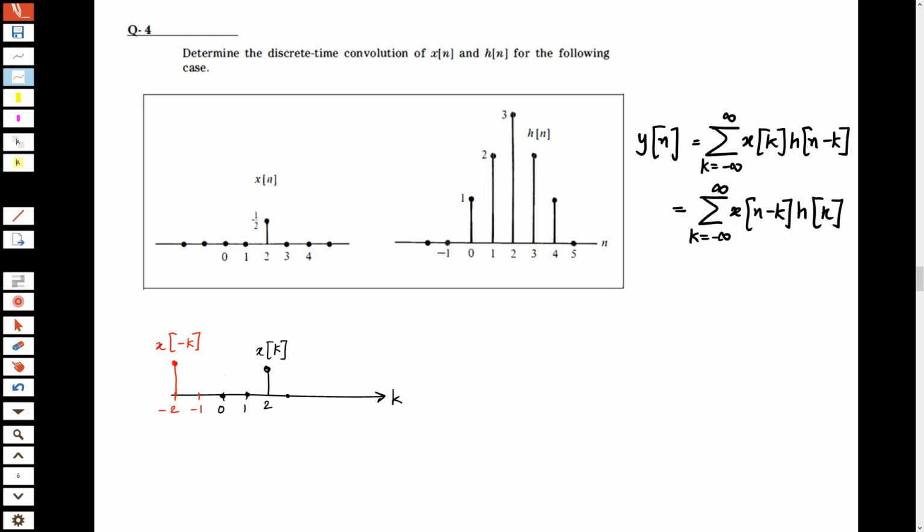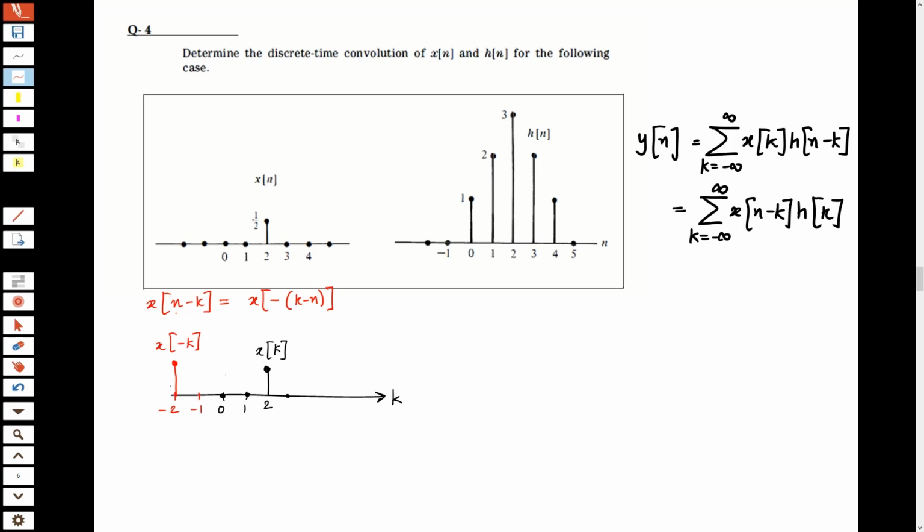So we follow the same principle as before, where we talked about compound scaling and shifting, right? And there, because you are now doing x[n-k], when I ask you to do x[n-k], what are you doing? You are basically doing x[-(k-n)], right?